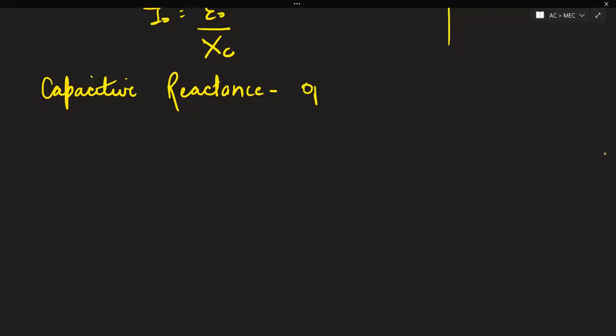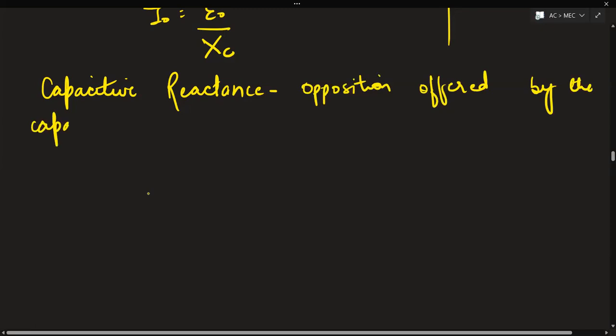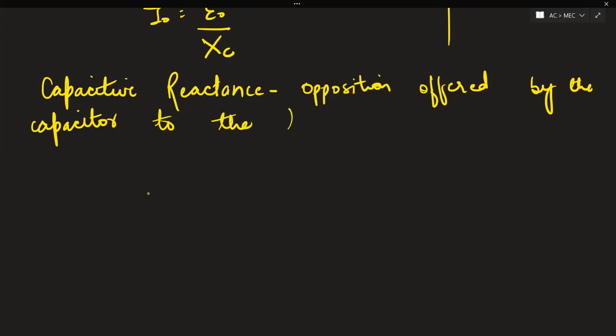So it provides the opposition. It's the opposition offered by the capacitor to the flow of AC through it.